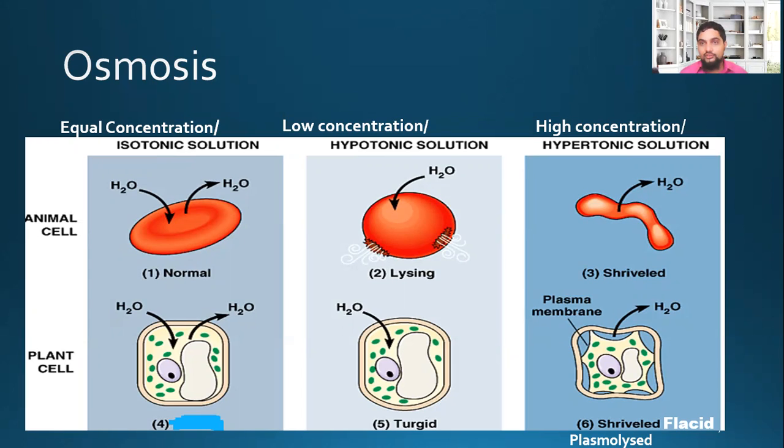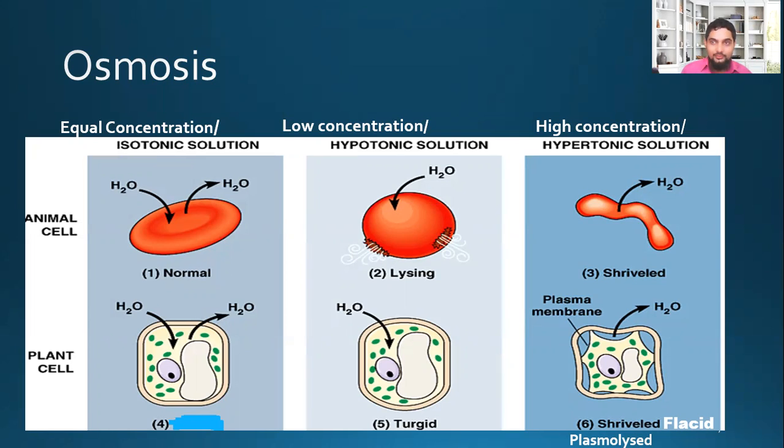Then we have hypertonic solution. Hypertonic solution meaning that the solution has plenty of salt. So if the solution has plenty of salt or plenty of sugar, it means that it has less water. So if you place a cell in a solution that is concentrated with salt, well then the water will come out of the cell, because it means that inside of the cell has more water and outside of the cell has less water.